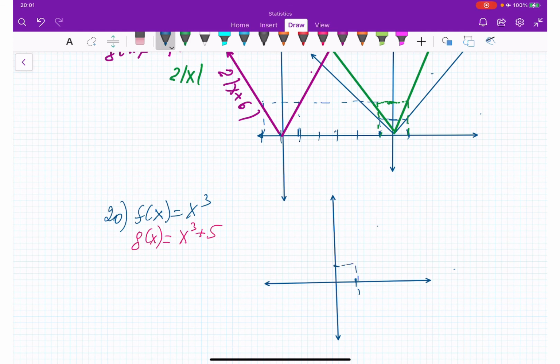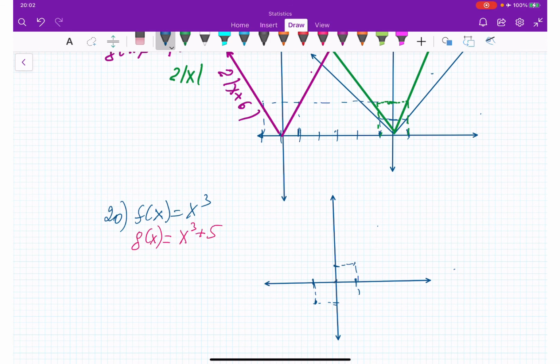When x is equal to negative 1, negative 1 cubed is going to be negative 1, yes, because it's a cube. Okay, x is 0, y is equal to 0, so it's going to go through this 0.